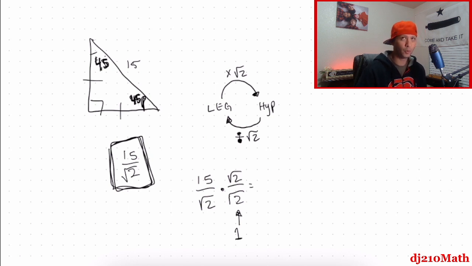So 2 times 2 is 4. So we have the square root of 4. But we know that the square root of 4 is just 2. So anytime we multiply square roots and the radicand is the same, like in this case, 2 times 2, then the product is just the radicand. It's just the inside part because the square roots go away.